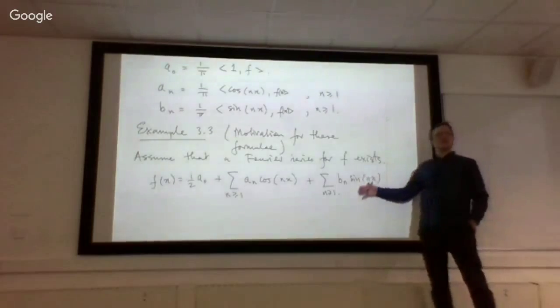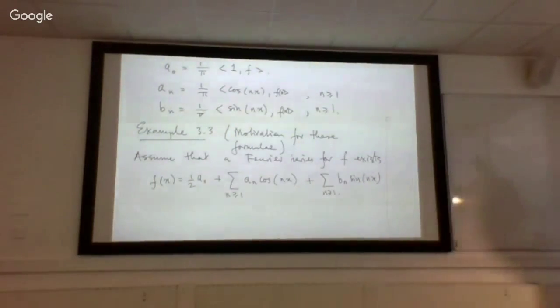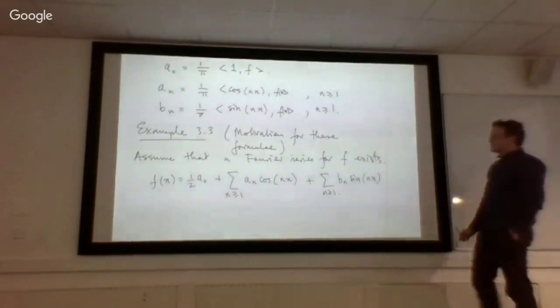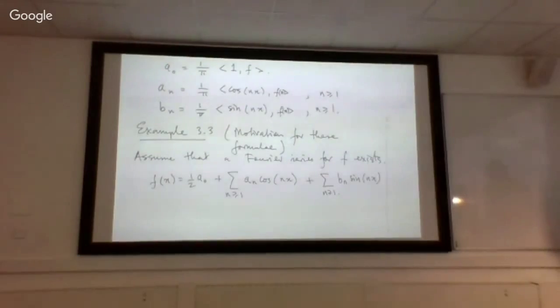Can we assume that this kind of expression for the function f exists? Then, well, our aim here will be to find out what one of the b coefficients is. Okay.